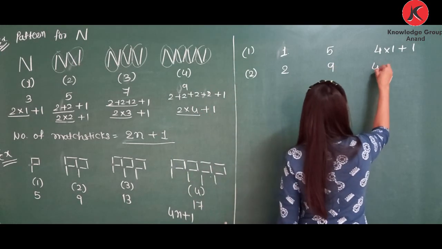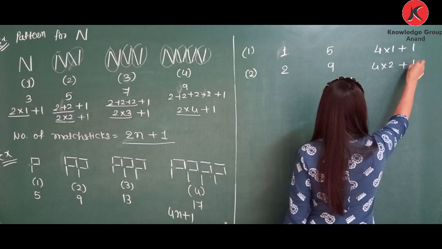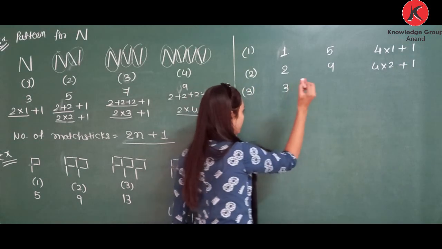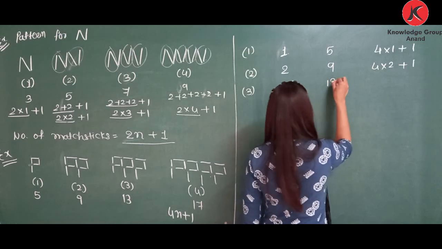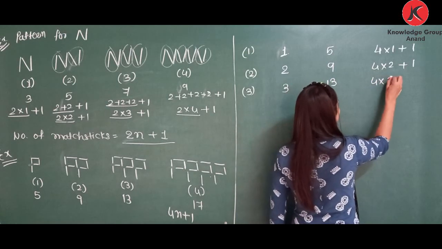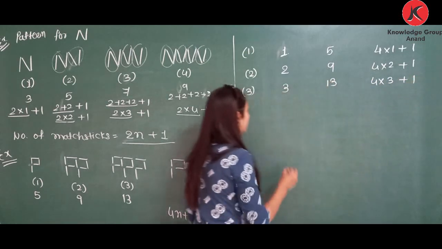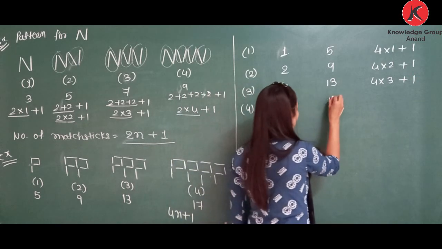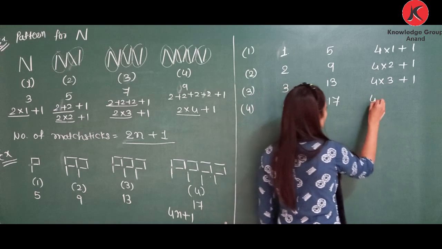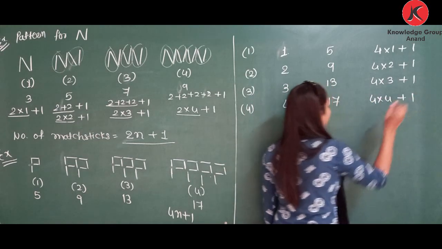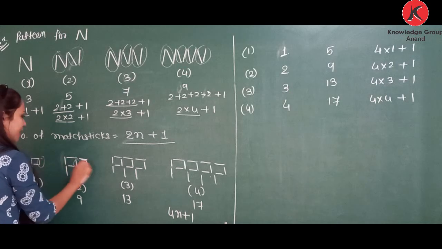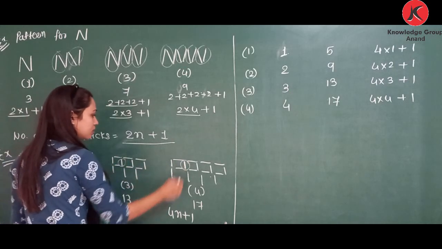So it is 4 multiplied 2 plus 1. For the third figure, 3P, we need 13. So 4 multiplied 3 plus 1. For the fourth figure, 4 times P, we need 17 matchsticks. So 4 multiplied 4 plus 1. What is this 1? The 1 is the extra matchstick that we add at the end.